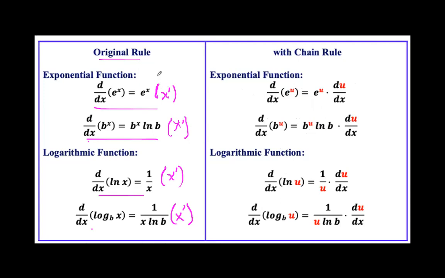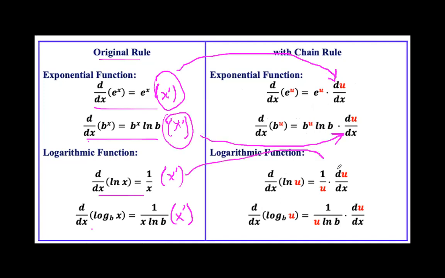So it's just like the x prime is converted to du, as well as here, here, and here. So you should not be confused on how to deal with applying the chain rule in finding the derivatives of the exponential and logarithmic functions.